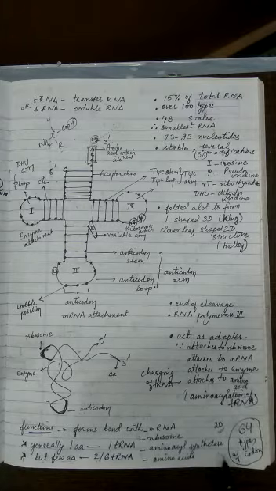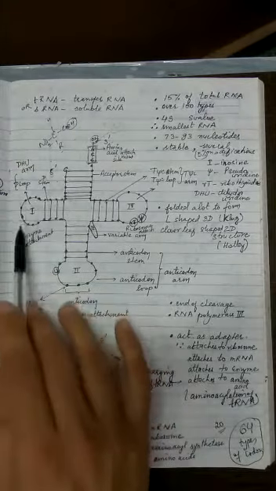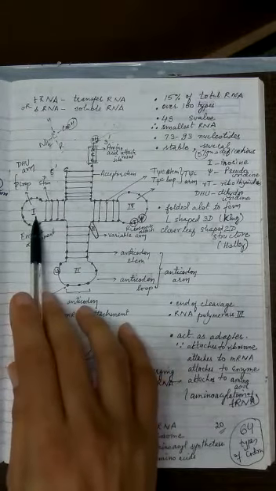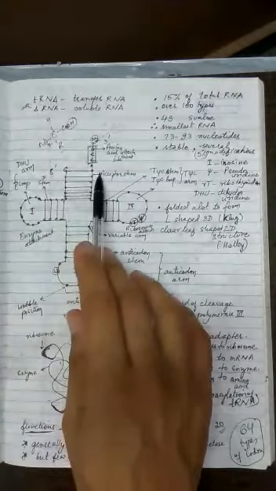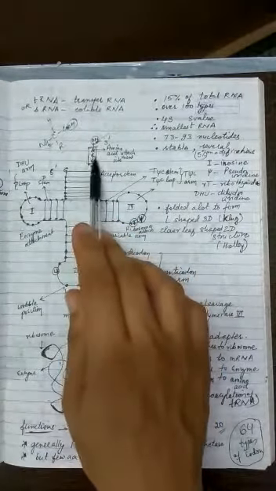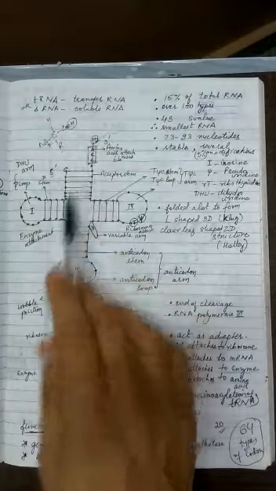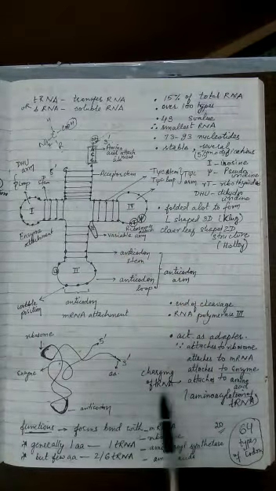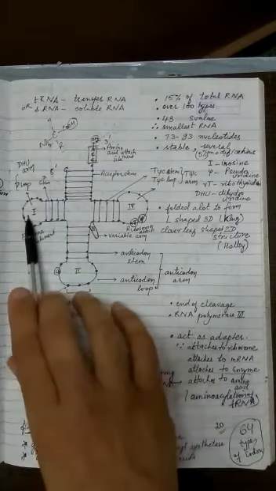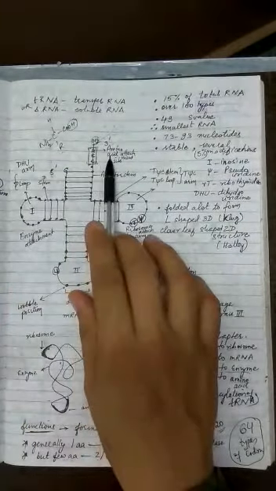So this enzyme also has to join. This is the place where the enzyme joins, and this enzyme joining will motivate the amino acid to join with the OH group, the free 3' end of the tRNA, and finally charging of tRNA successfully takes place. Now the enzyme attaches here, the amino acid attaches here.